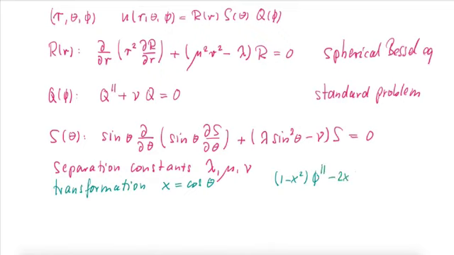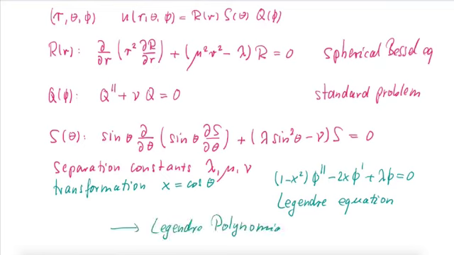Minus 2x phi prime plus lambda phi is equal to 0. This is the Legendre equation, and then of course the solutions are called Legendre functions or Legendre polynomials. And these we denote by Pn, and Pn of x are the polynomials, and then of course we transform back, and so the argument is then really cosine theta, which comes in there.